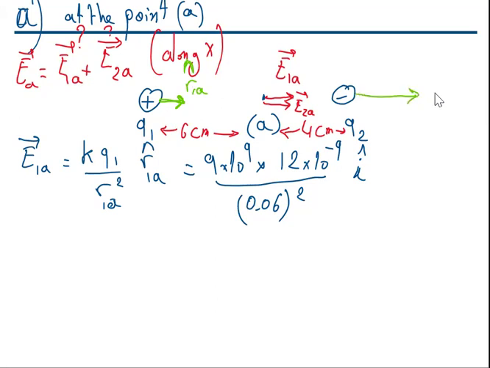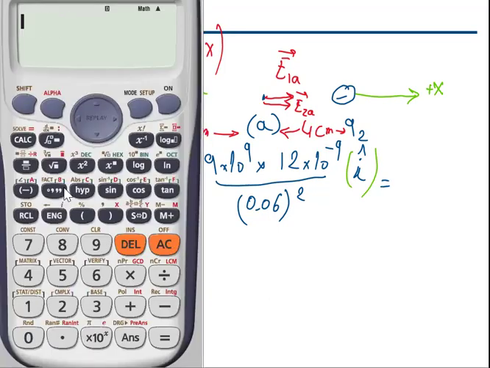So as you see here, it's along the positive x-axis, so it's a unit vector i. Okay, so this is good. So let's go through the calculation. It should be equal to 9 times 10 power 9, multiplied by 12 times 10 power negative 9.